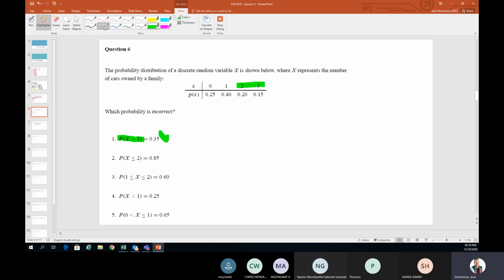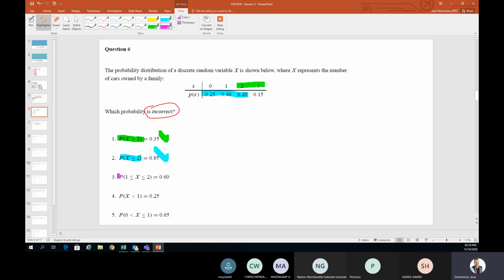We are unfortunately looking for the incorrect one, so not that one yet. Okay, smaller or equal to 2. Smaller or equal to 2 is all of them. So that is 0.25, 0.65, 0. So that is also correct.